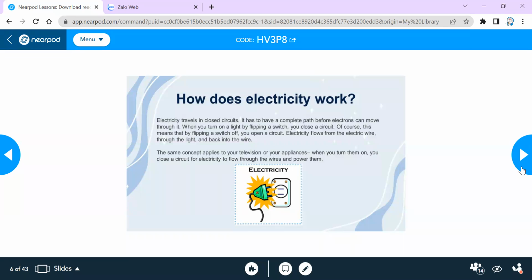But if you open the circuit, no current flows through, and the light bulb cannot light up. It's the same concept as when you watch TV or wash your clothes in the washing machine. All need electricity, which travels from the power socket through the wire to power them up.